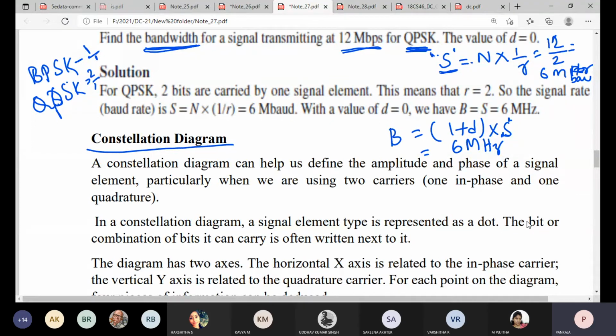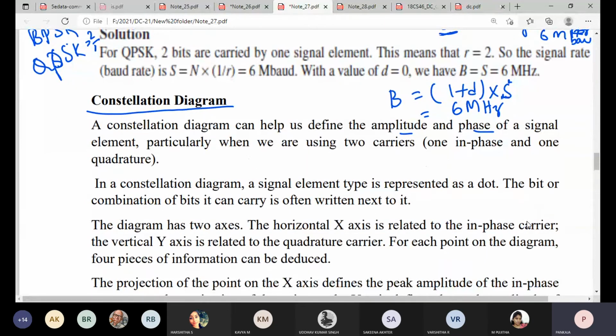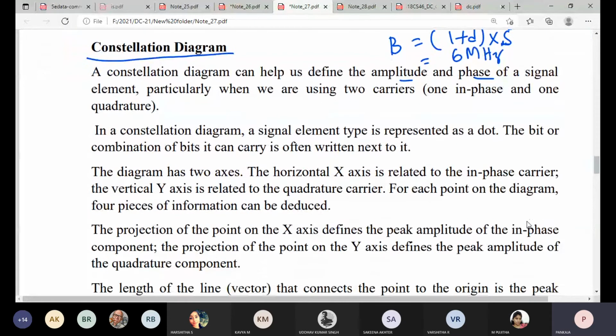A constellation diagram can help to define the amplitude and phase of the signal element, particularly when we are using two carrier frequencies in different phases or in quadrature. So how do we represent this diagram? In a constellation diagram, a signal element is represented by a dot.